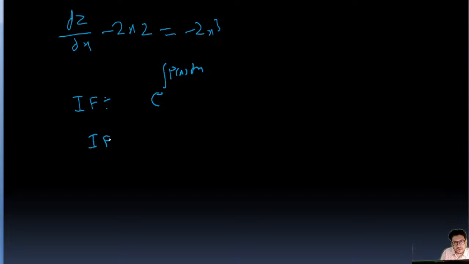So it is going to be e to the power integration minus 2x dx, right? So this is going to be e to the power x square, and minus is also here, so e to the power minus x square.